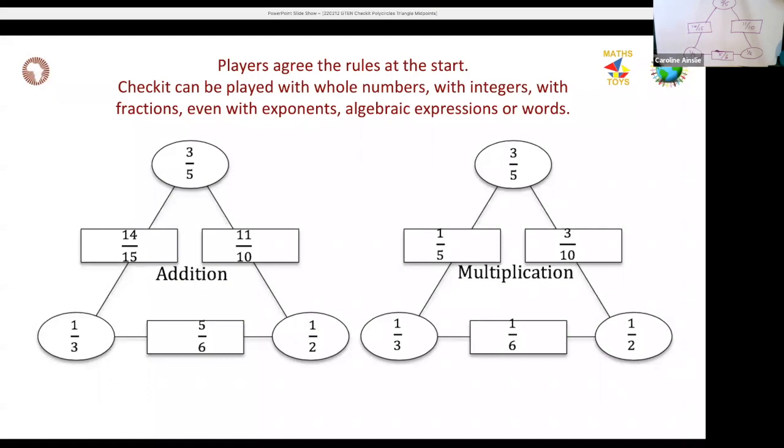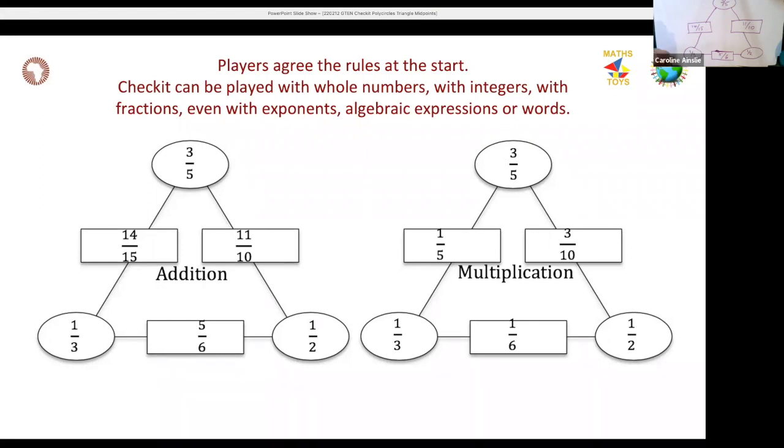As you'll see later on, we're going to do algebra with it. You can do it in the showboard format where everyone has their own little Checkit on their show me card, or simply show the answers. So you can say, okay, what belongs in the bottom left-hand vertex? You can give them numbers or letters, and everyone can show you the answers.